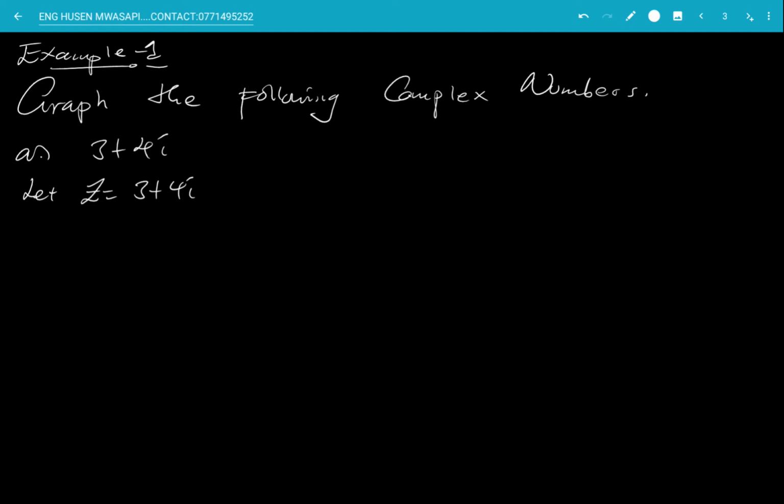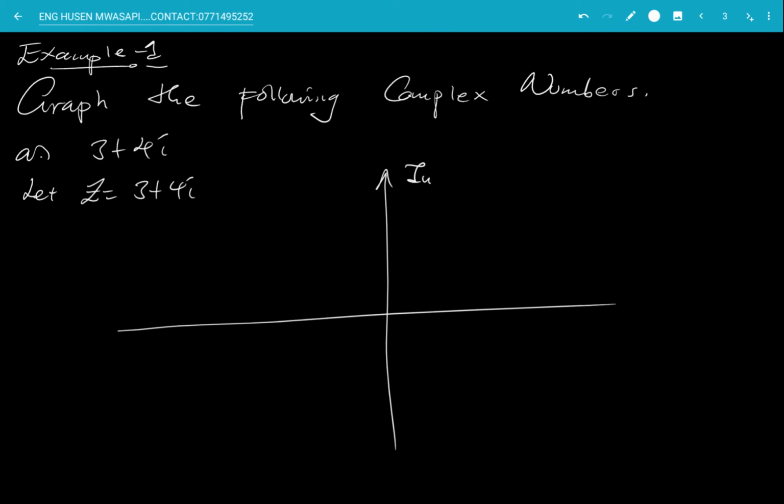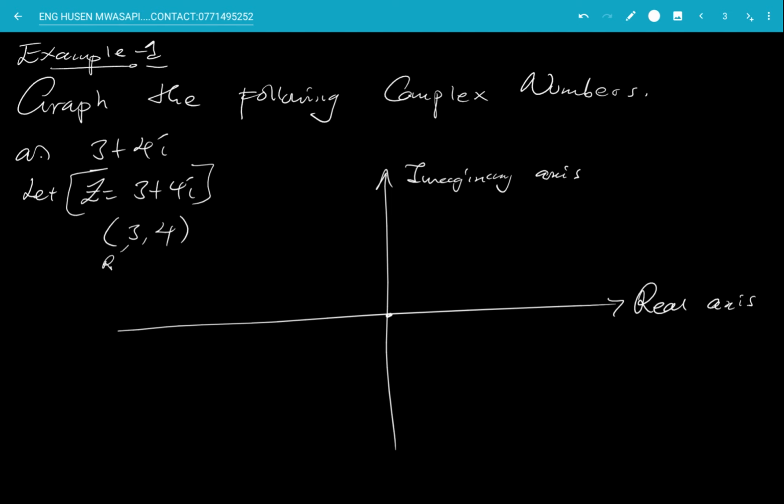Then after that, draw the imaginary and real axis. So we know that this is the imaginary axis and this is the real axis. And this is our center. So in coordinate form, this here can be written as 3 comma 4, where the real part is 3 and 4 is our imaginary part.